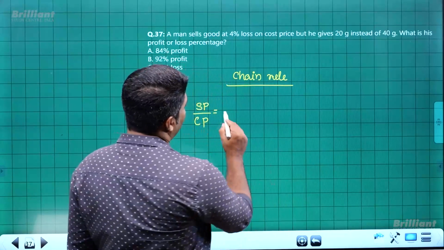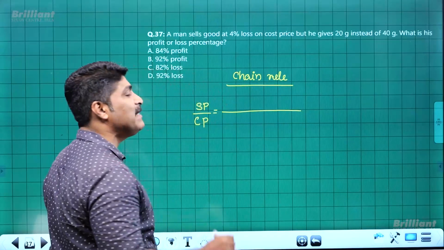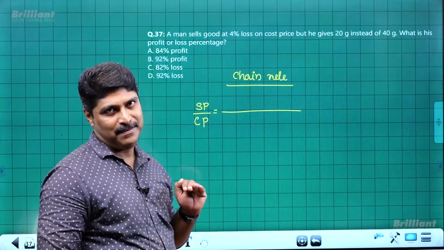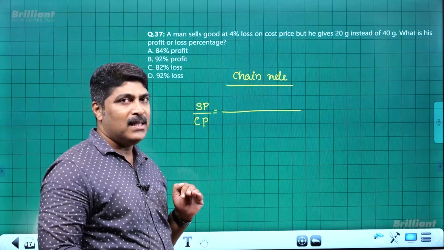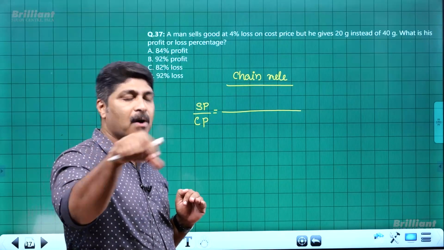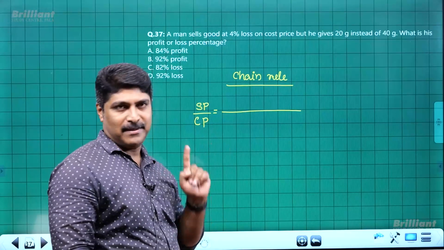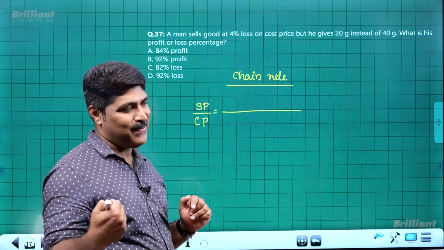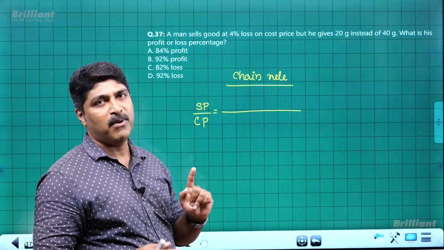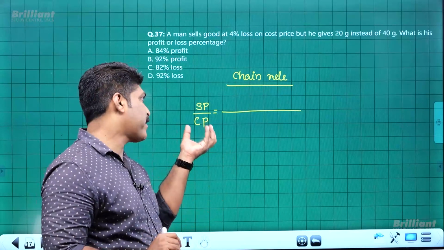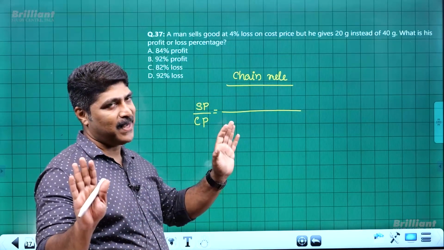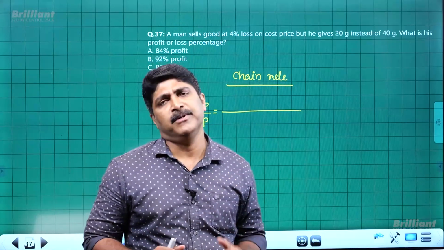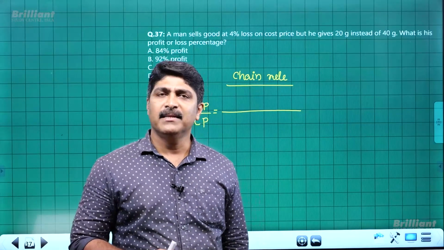Whatever amount you are spending, you have to write under the bar, or whatever the effect in terms of cost, you have to enter here. And whatever the return from the customer, you have to enter on top of the bar. That's why this is your cost price, and this is the selling price. Clear? The first one: you are suffering a loss of 4%. How can we write it?